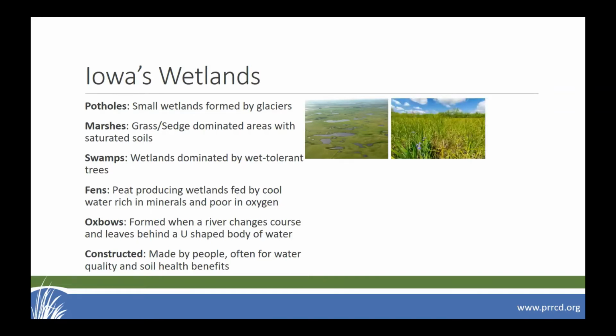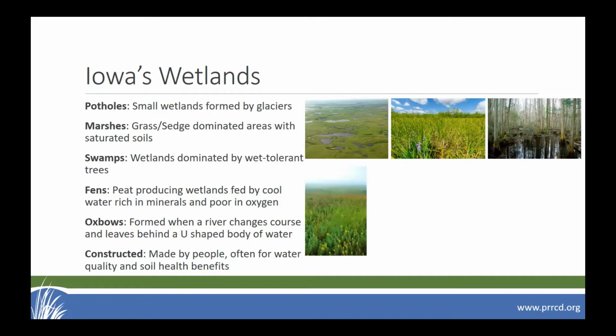We also have marshes. These are pieces of wetland that are dominated mainly by grasses, sedges, and wildflowers. We also have swamps, which, instead of being dominated by grasses and sedges, are wetlands dominated by wet-tolerant trees. We also have fens, which are a very strange wetland type that produces peat.